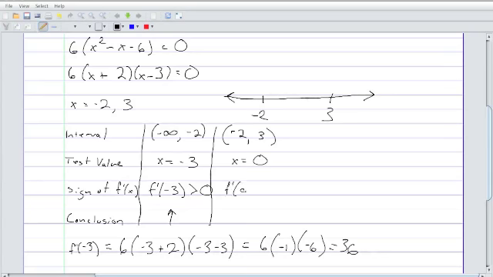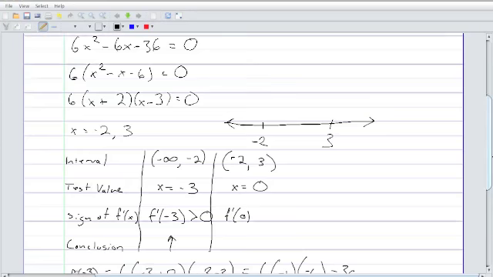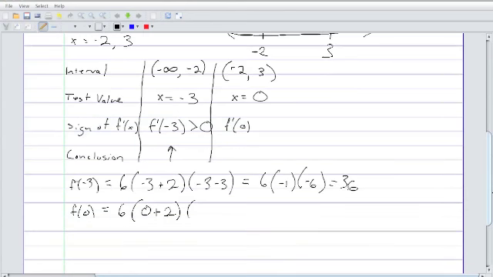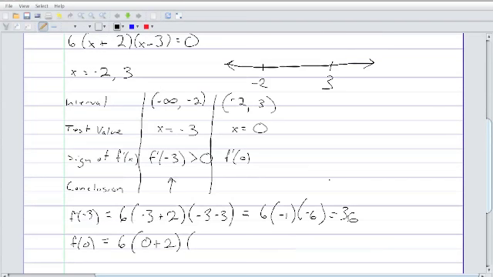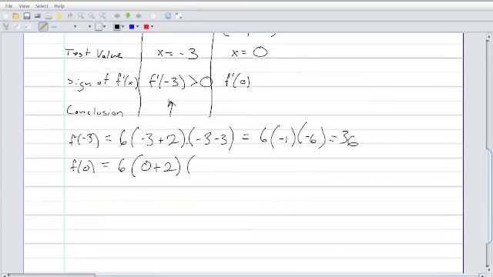If we look at f prime of 0, f prime of 0 is going to be 6 times 0 plus 2 times 0 minus 3.